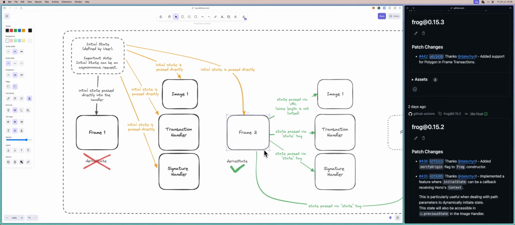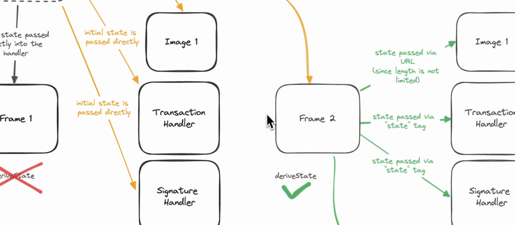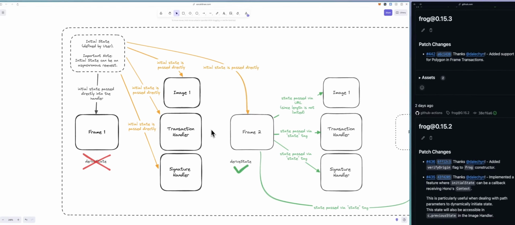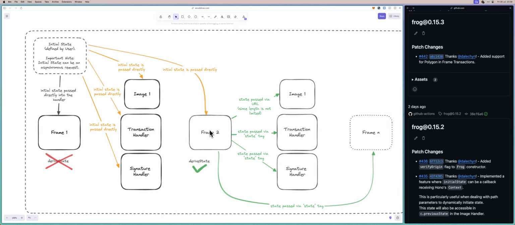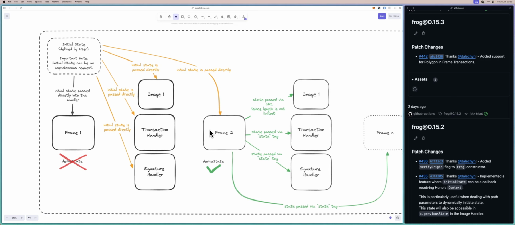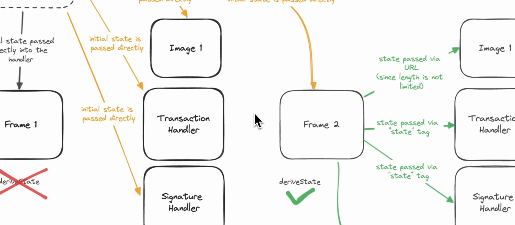And last but not least, something which I'm thinking about implementing next in Frog is a possibility of passing state serializers and deserializers. Just because of the nature of Web3, we deal with big-ints, which are unfortunately not supported in JSON.stringify and JSON.parse functions.